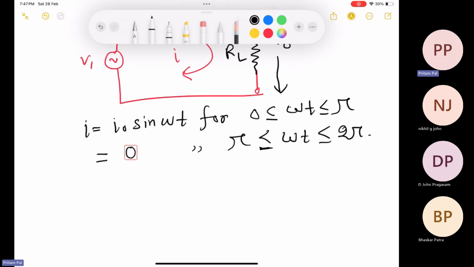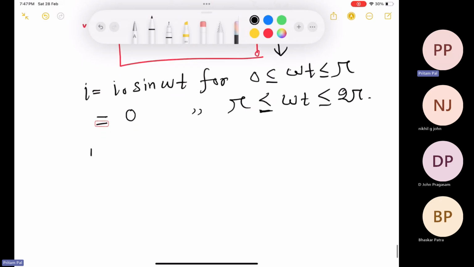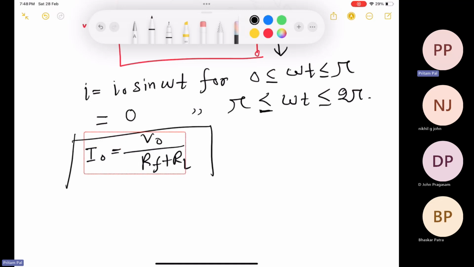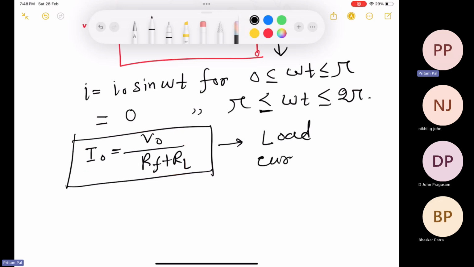That is why it is called the half wave rectifier. This is the current expression, the peak or maximum value of the load current, the load current peak value.